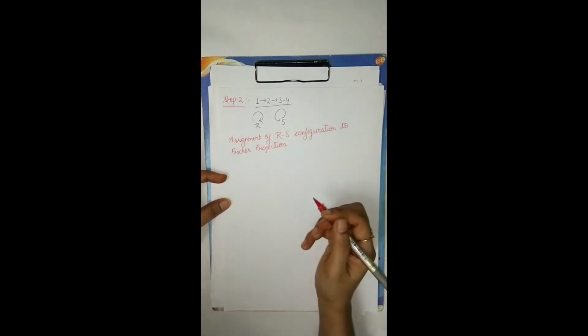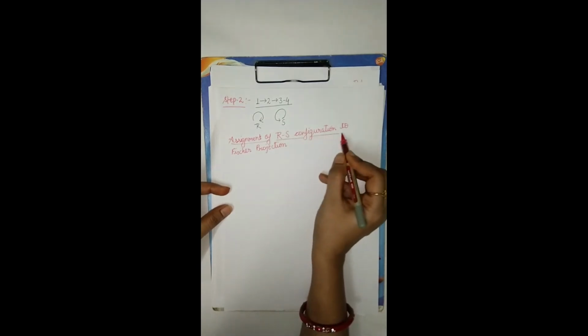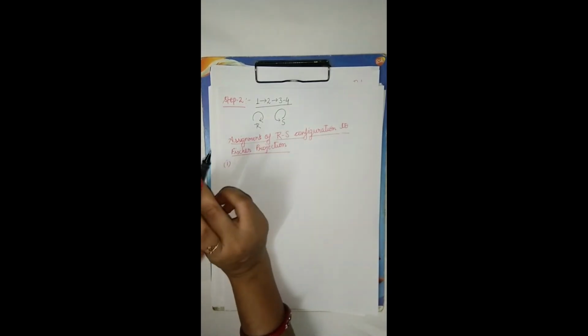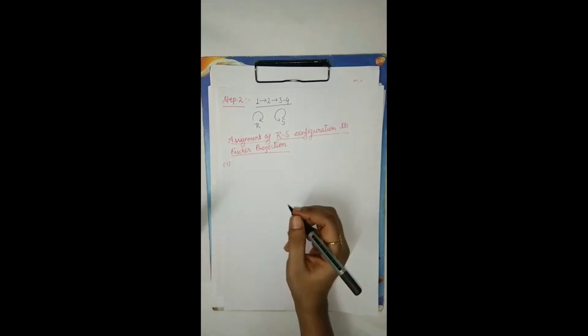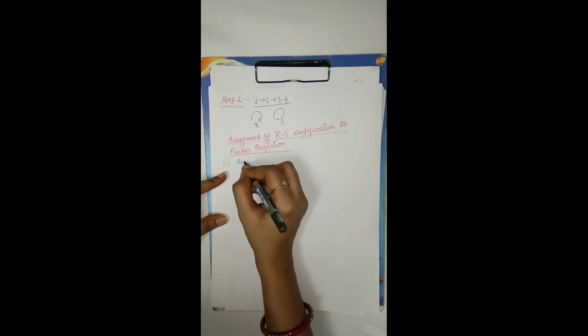Okay, students, so according to the Fischer projection, firstly, what will we do? Assign priorities to the 4 atoms or groups attached to the chiral carbon.